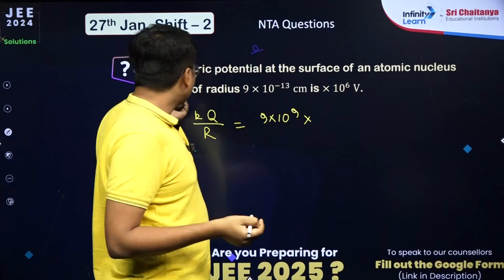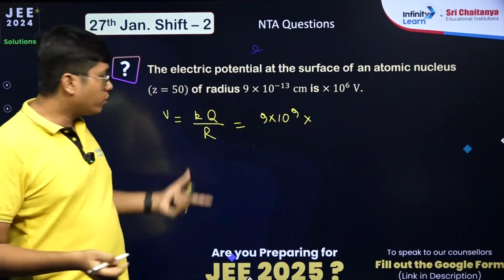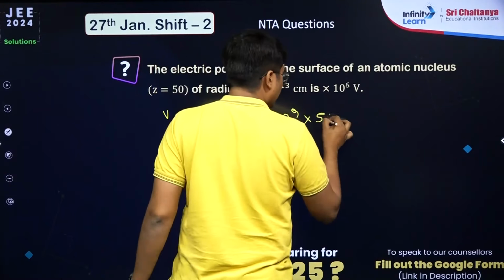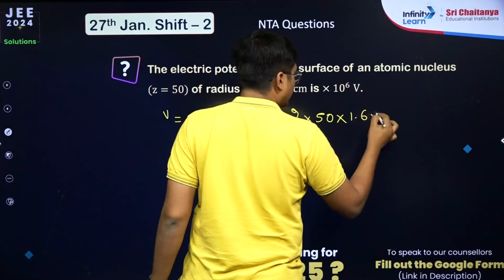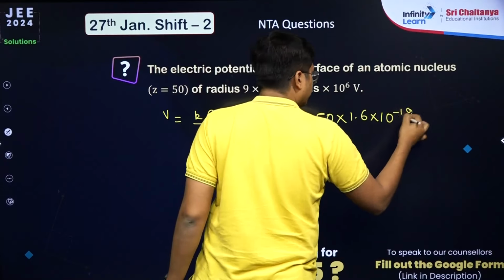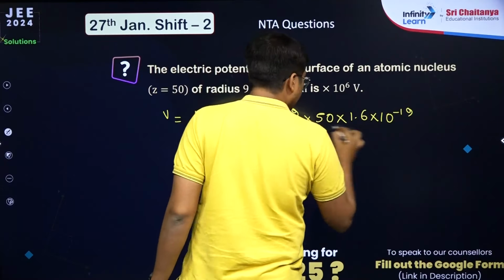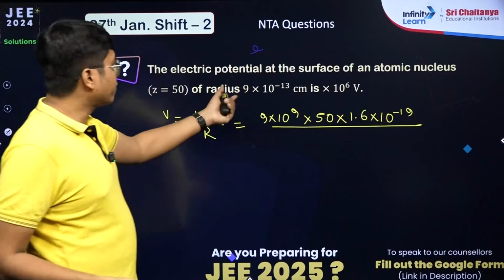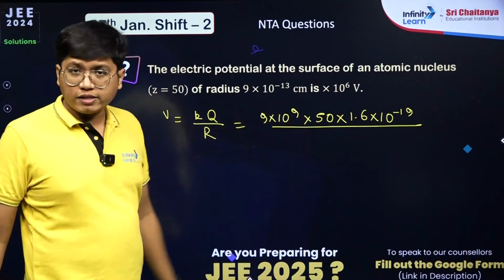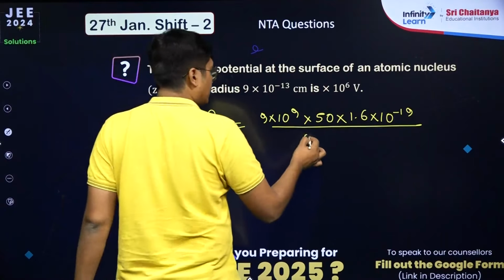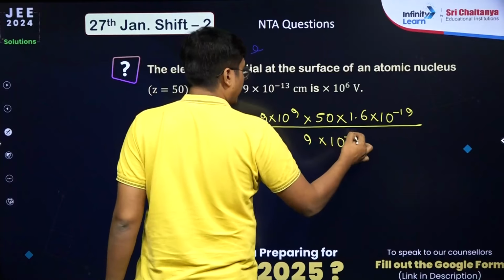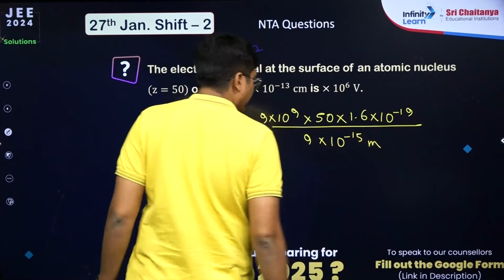Q is the charge, that is Z into e, so Z is 50. Charge of an electron is 1.6 into 10 to the power minus 19. ZE divided by R, the radius is given 9 into 10 to the power minus 13 centimeter, which means 10 to the power minus 15 meters.